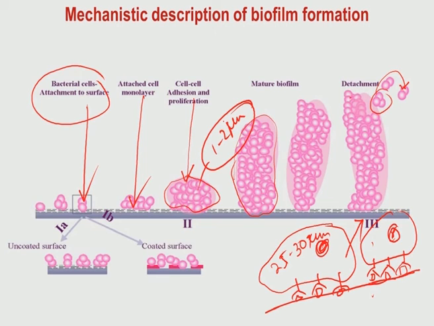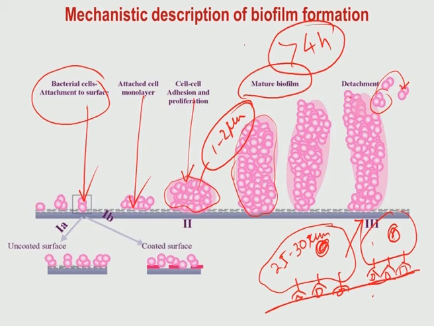It is kinetically much slower in eukaryotic cells because it involves a lot of signaling processes, whereas in bacteria this process takes place faster, and the doubling time is also much faster than eukaryotic cells. So, colonization and mature biofilm formation take place even within 4 hours of culture.